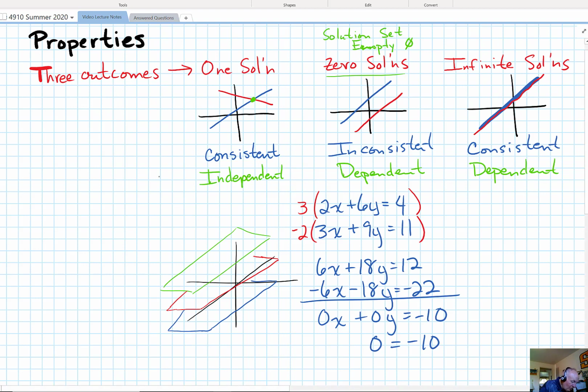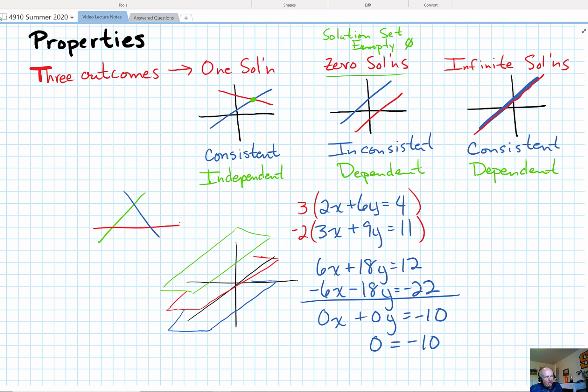Another way that could happen is you could have a plane there, a plane here, and a plane here. So there are some intersections between any two, but not between all three. So there is nothing that solves all three at the same time. All right. So we don't get much into the actual graphing once we move from the two-dimensional case, because graphing in 3 dimensions is kind of a pain.